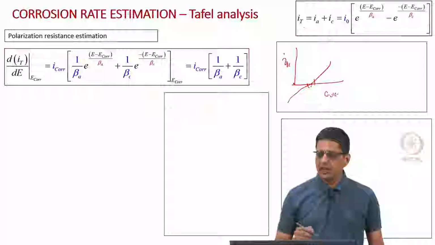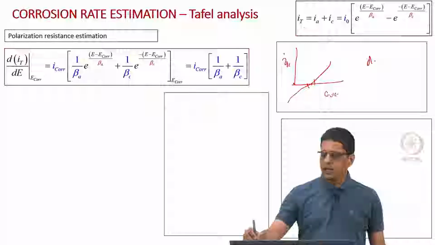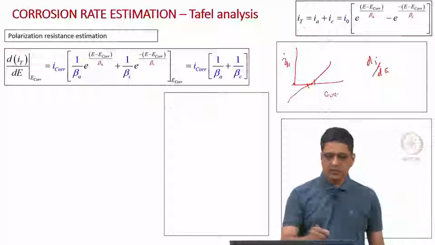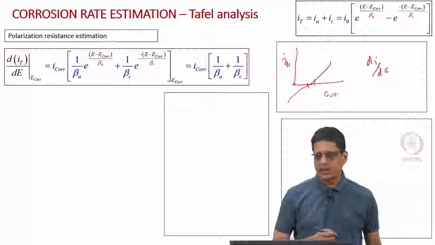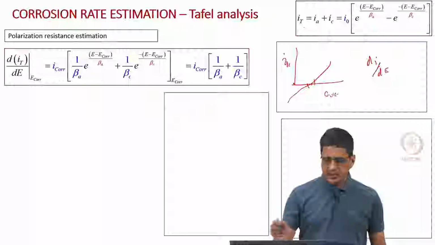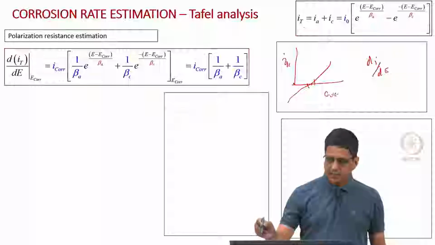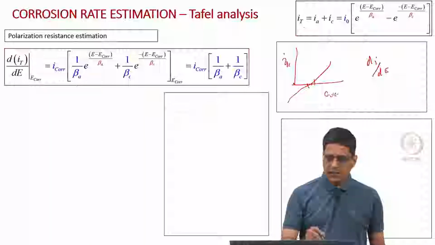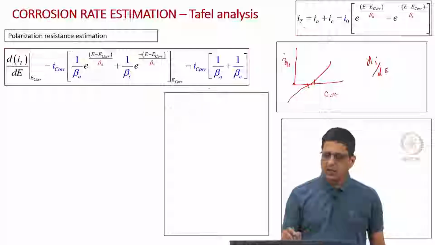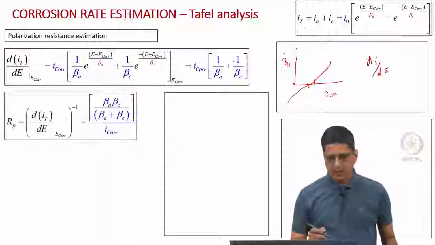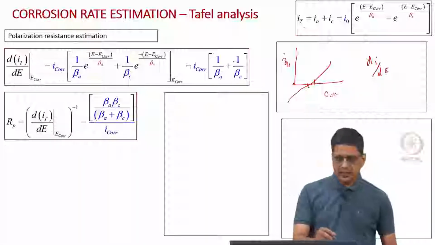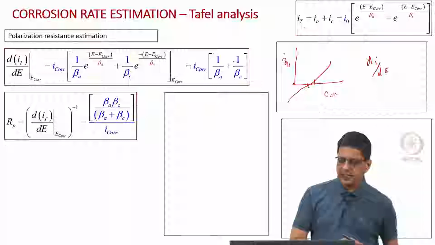The slope at this location should give you dI by dE, and the inverse of the slope should be the polarization resistance. So, in this case, if this expression is valid, you can take the derivative and then rearrange it and then show that this dI by dE is given by I corr multiplied by inverse of beta A and inverse of beta C. So, you can rearrange it and then write an expression for polarization resistance.